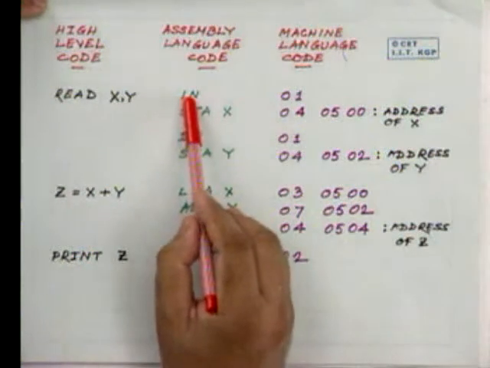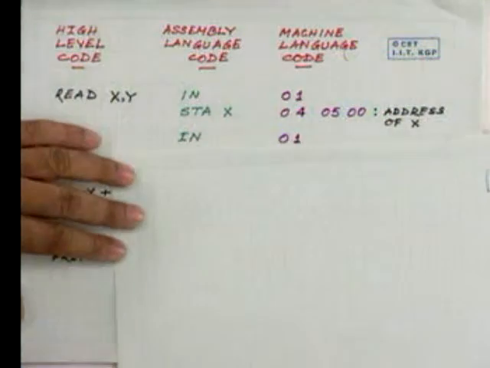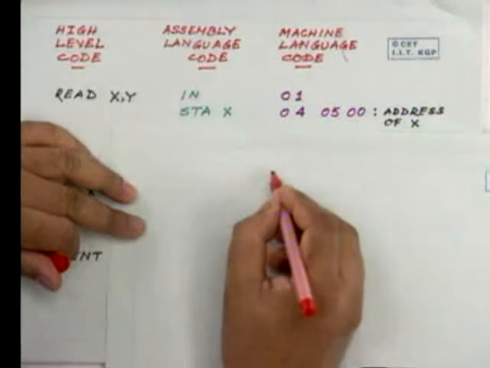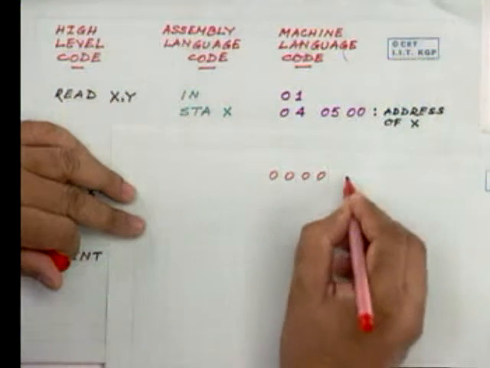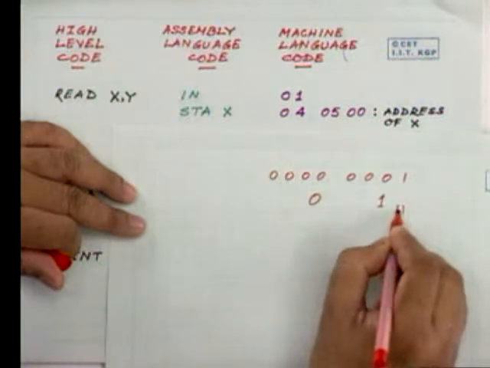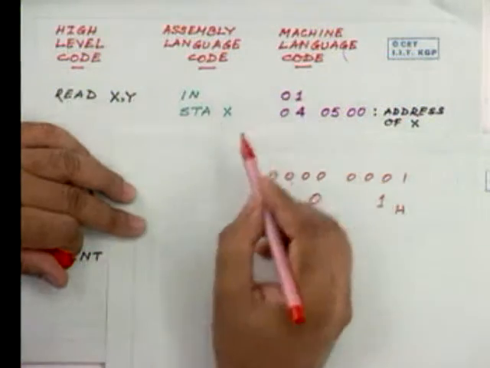For example, in has a code of 01, which essentially means this is hexadecimal 01. The code actually is 0000, then 0001. This is 0, this is 1 in hexadecimal. We have written this for our ease of writing.